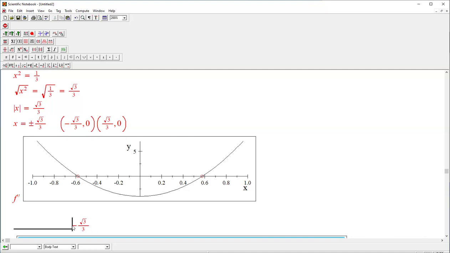So this point, and continue the number line, the other point would be positive √3/3.